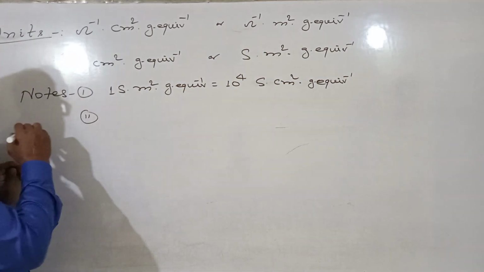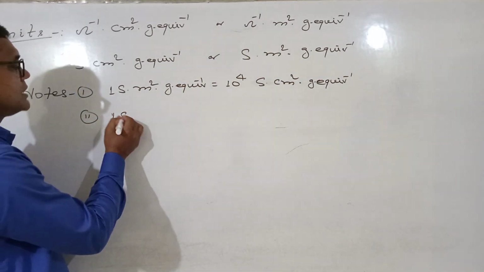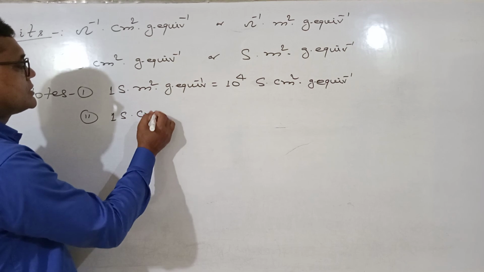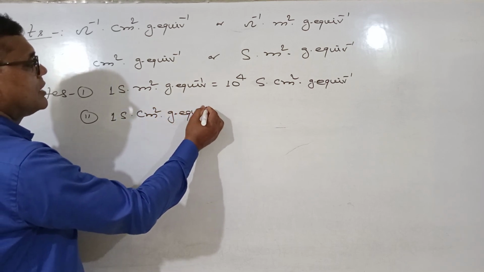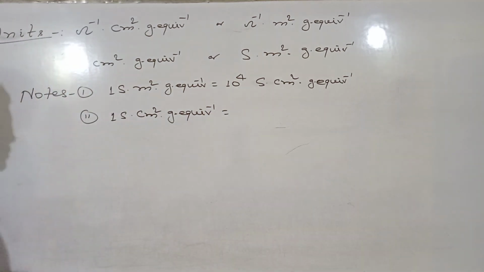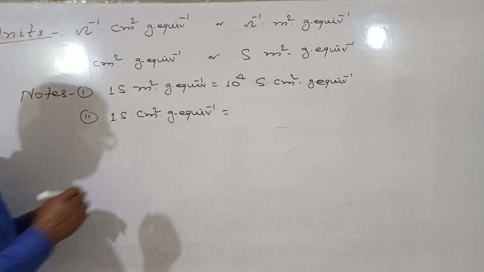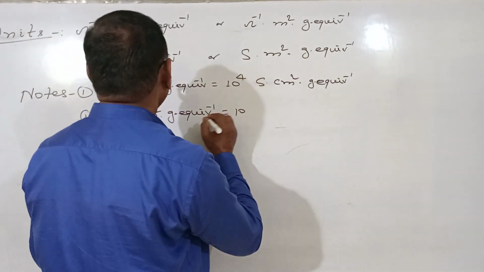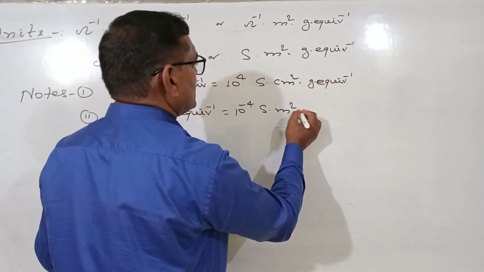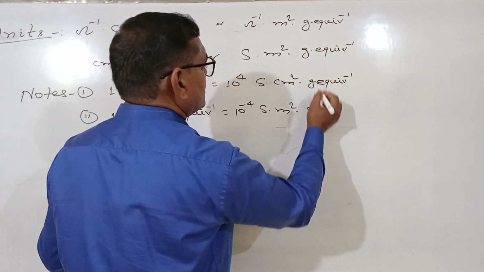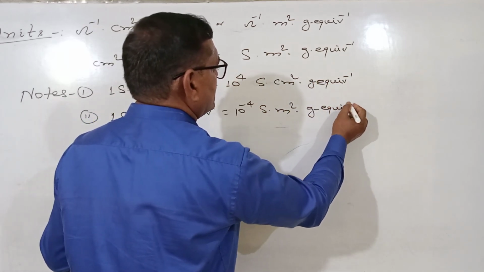Second note: 1 Siemens cm square gram equivalent inverse is equal to 10 to the power minus 4 Siemens meter square gram equivalent inverse.